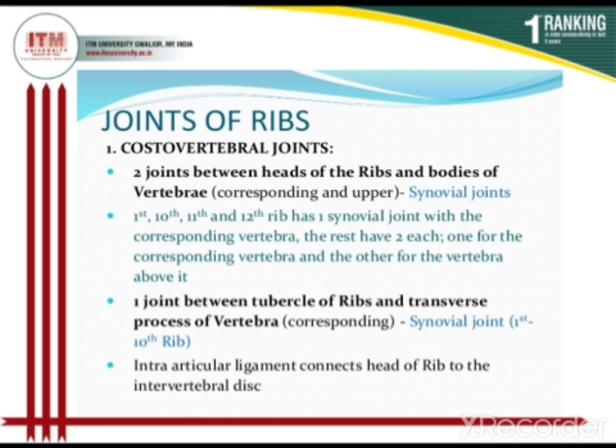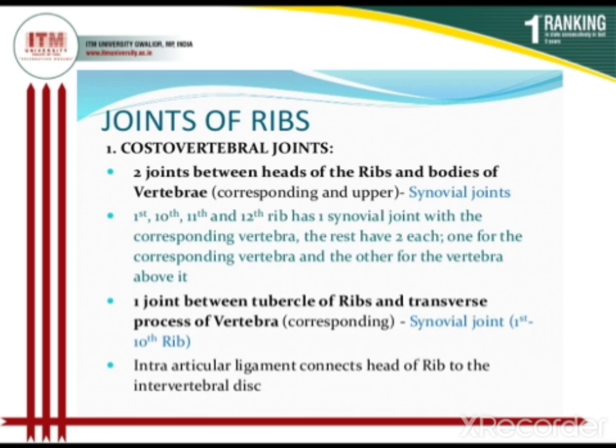The joints of ribs are, first, the costovertebral joints, the two joints between the head of the ribs and the bodies of vertebrae. At the back, the head of the rib is attached to the upper vertebra and the corresponding lower vertebra.